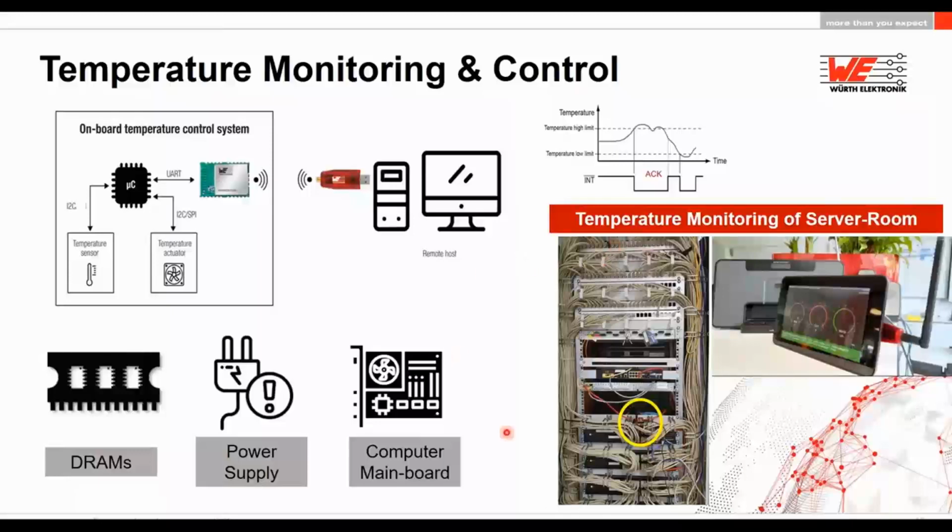This is a picture of a server room from our Germany office, where we put a temperature sensor, because the server room needs to be continuously monitored at a certain temperature. The temperature should not go higher at any point, and this is the logging station or display station at our working desk, where we can constantly monitor the temperature of the server room wirelessly.